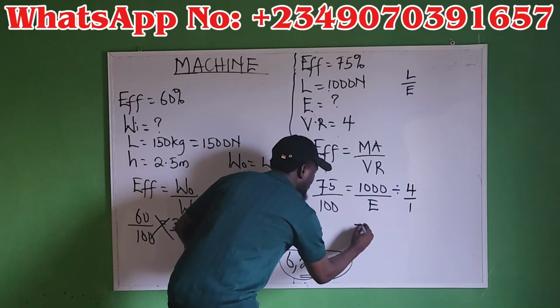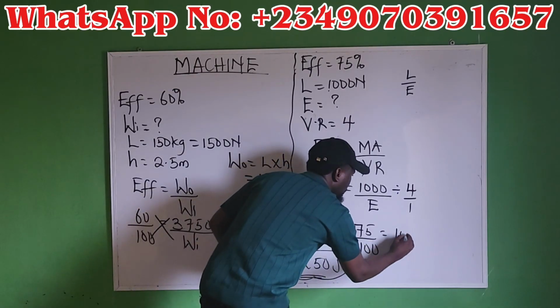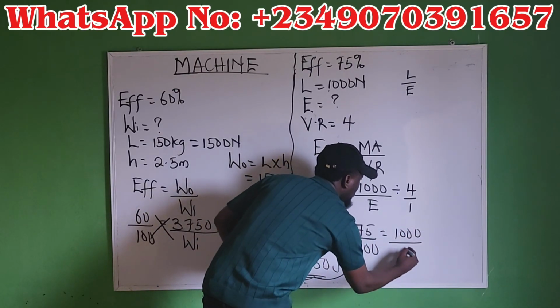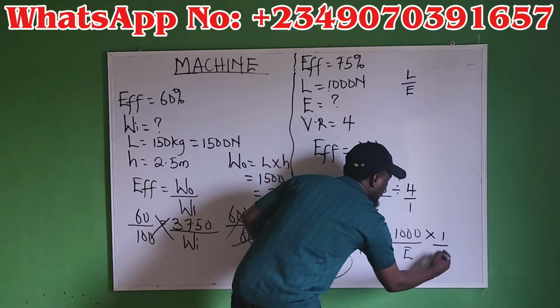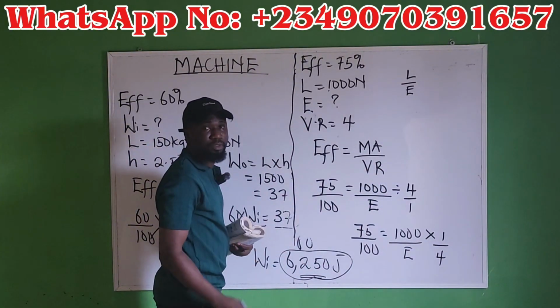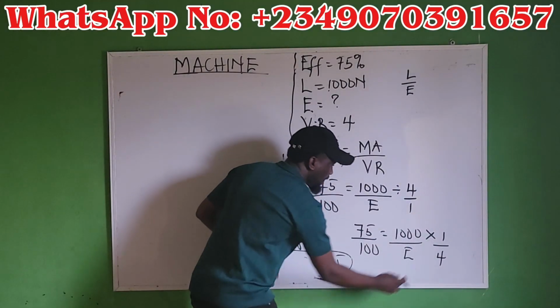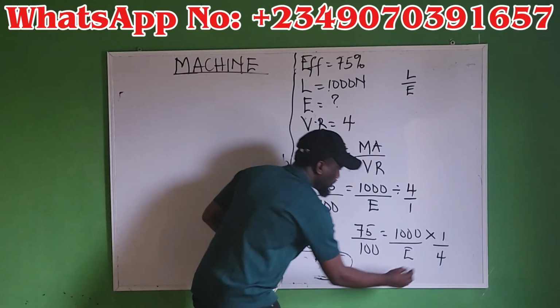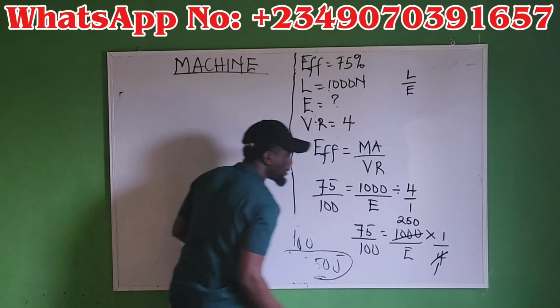The next one is 75 over 100 is equal to 1000 over E, divided by 4, which is multiplication by 1 over 4. Do you get? So from here, can 4 go in 1000? Yes. So 4 here is 1, and 4 here is 250, right?